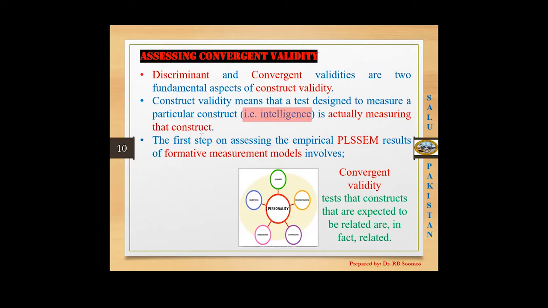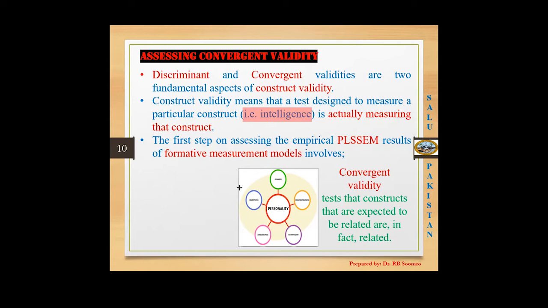For example, one construct is intelligence. You want to measure the intelligence of a child, of your student. How to measure? Definitely, you have to provide some indicators. So are you sure all these indicators are actually measuring the intelligence of your respondent? If they are actually measuring the same thing, that means your construct is validated.